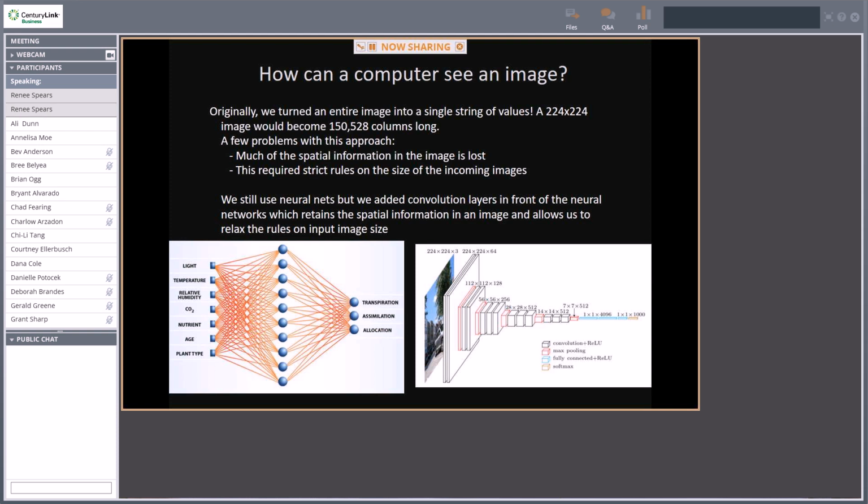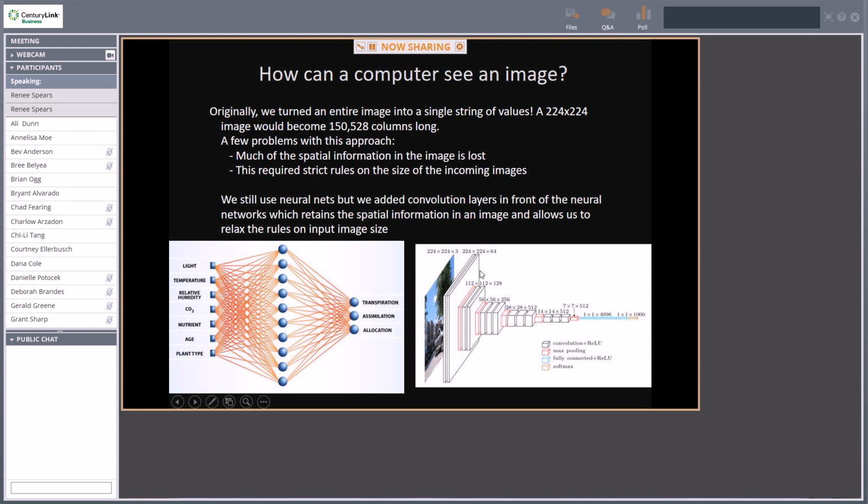So on the lower left, what you're looking at is a neural network. And on the lower right, what you're looking at is a more recent convolutional neural network. The neural network on the left does not maintain spatial information with the image, and the one on the right does. You'll also notice that the one on the right, down on the far end, there's these flat rectangles, and those actually are representations of these simple neural networks.